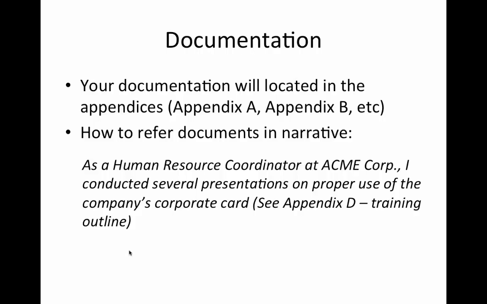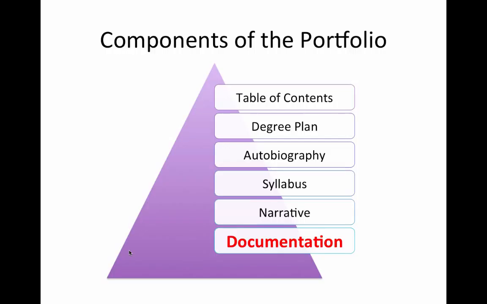So there should be a separate full Appendix A title page, Appendix B, and so on for each document. As far as a portfolio, it's included at the end of the portfolio, and it's the last section. It's called documentation, which should be included.